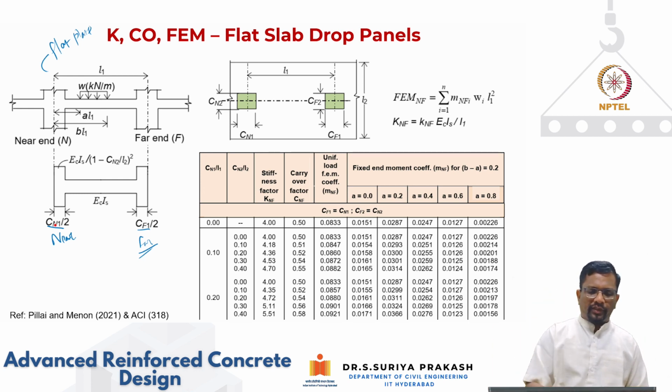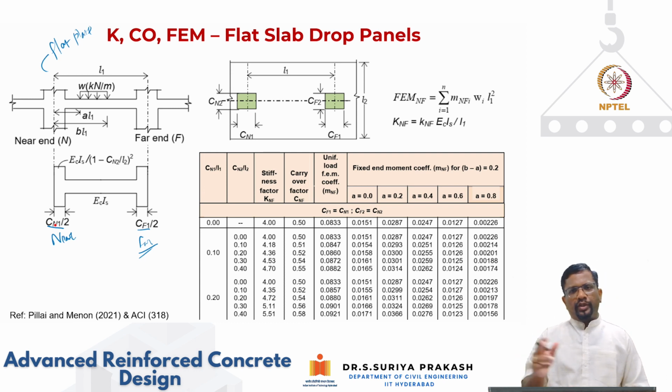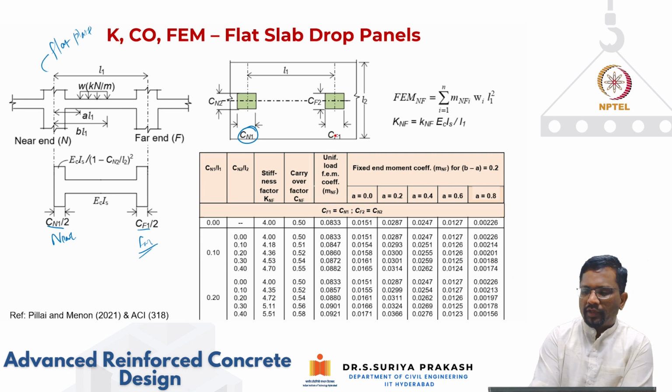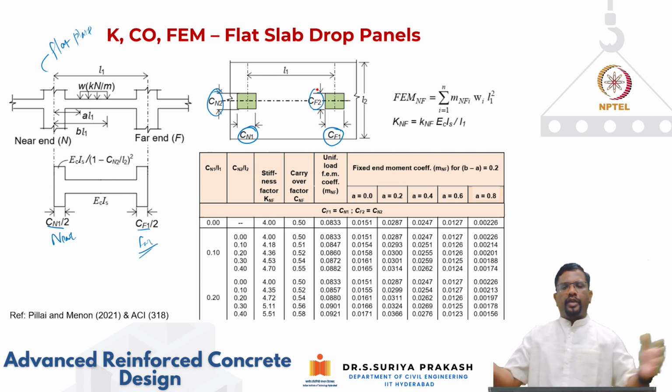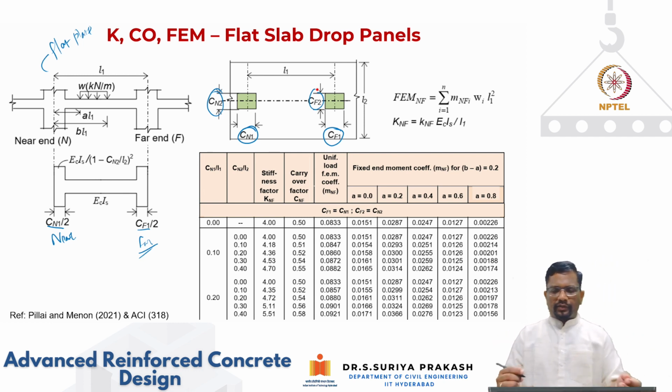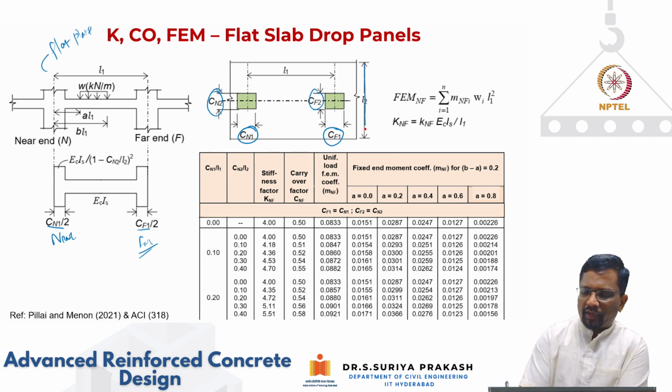That is the reason a column will have C1 and C2. C1 is the direction in which we are calculating, and similarly CN2 and CF2 are the transverse direction, and L1 is the main span for which we are doing the analysis, and L2 is your transverse direction or the width of your frame.